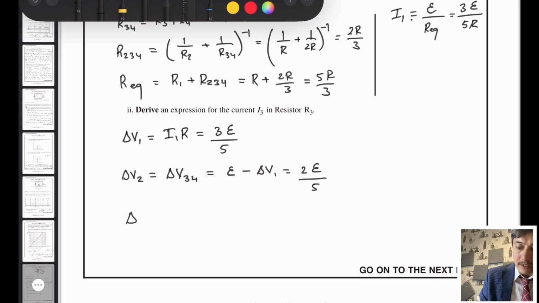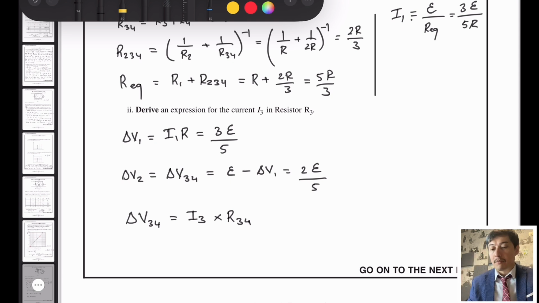Now we can use Ohm's law again. The potential across R3 and R4 is going to be the current passing through R3 times the equivalent resistance of resistors R3 and R4, because we are looking at the potential difference across both of them.